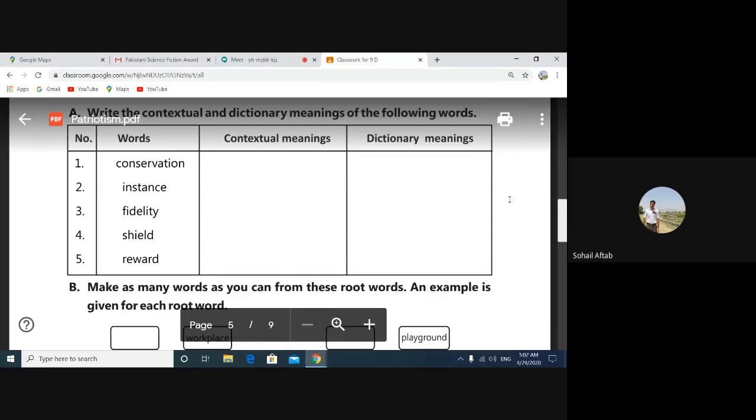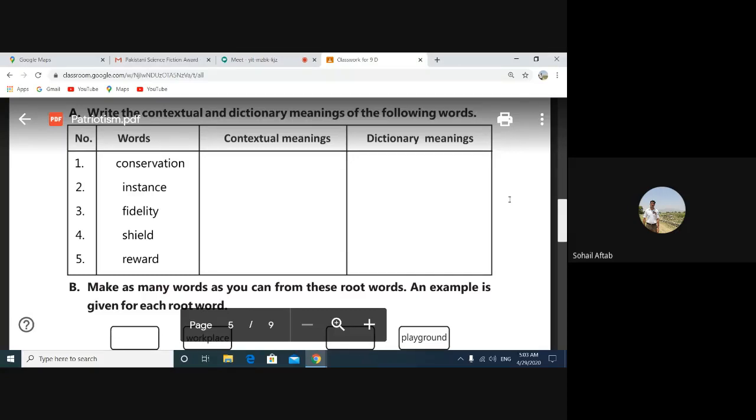Let us understand what exactly contextual meanings are and what are dictionary meanings. Dictionary meanings are those meanings on which there is a general agreement, and people believe that these words have certain meanings.